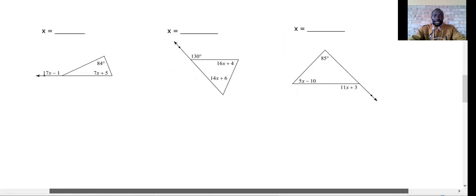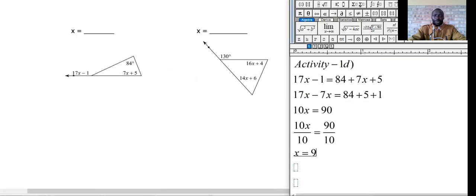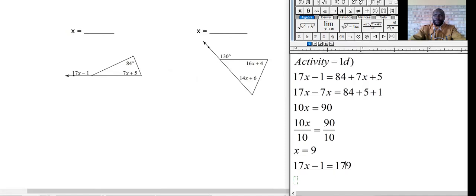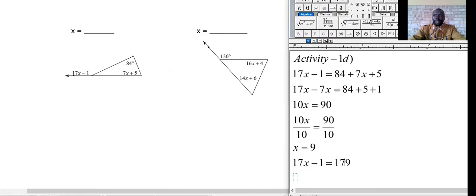And so when we have determined that angle, we can now go ahead to investigate. Well, let's see what 17x minus 1 will be. So 17x minus 1 is going to be 17 times x, that is 17 times 9 minus 1.